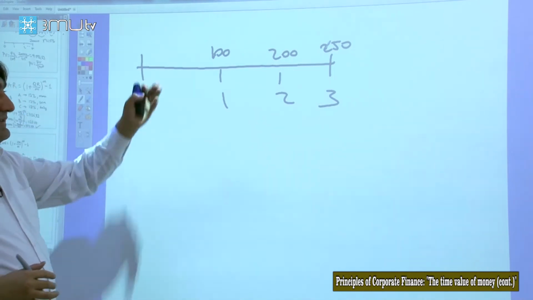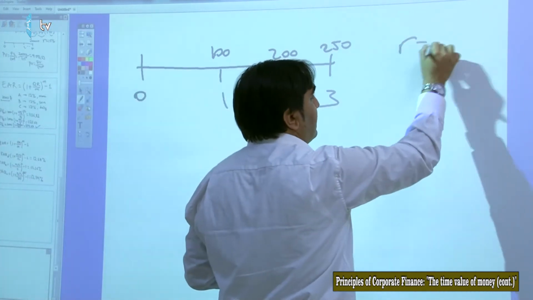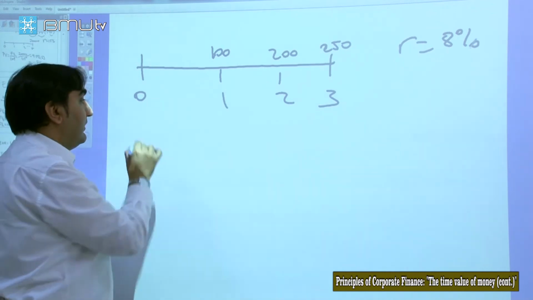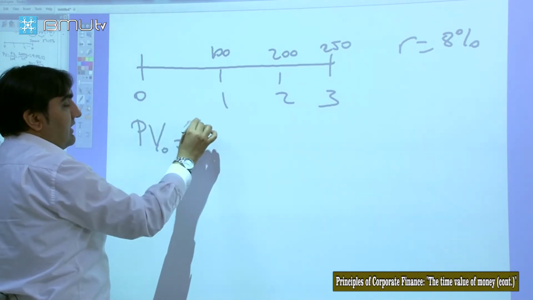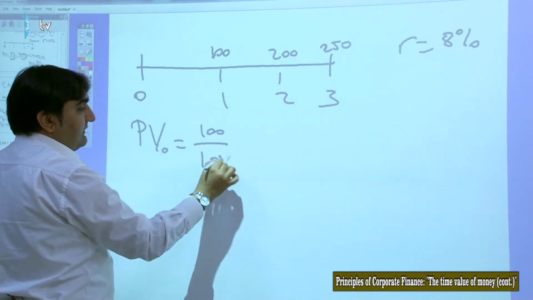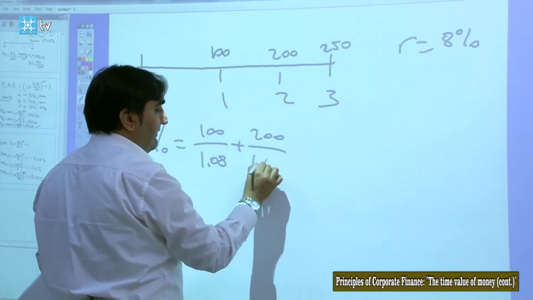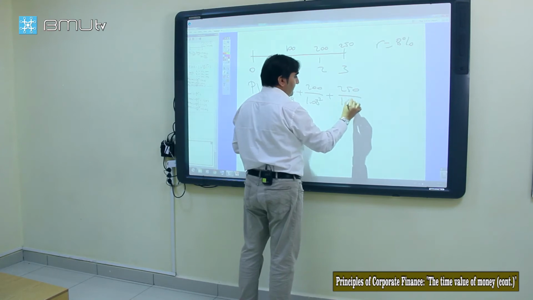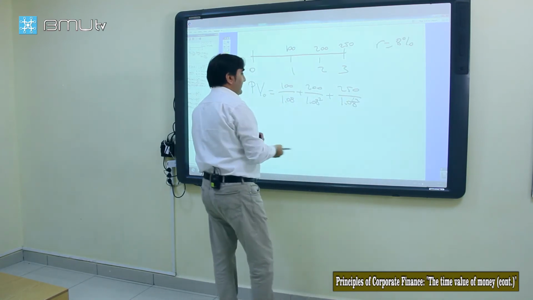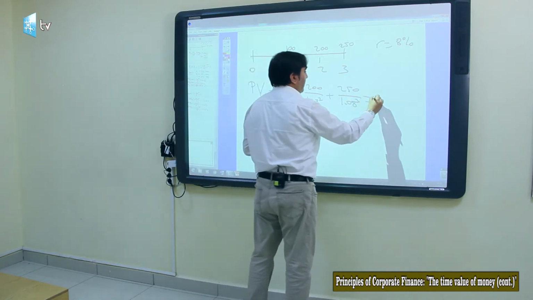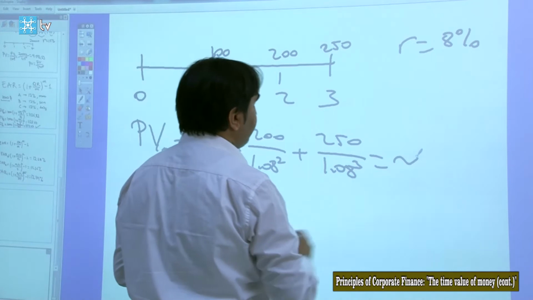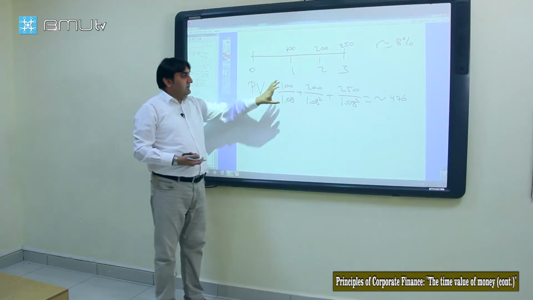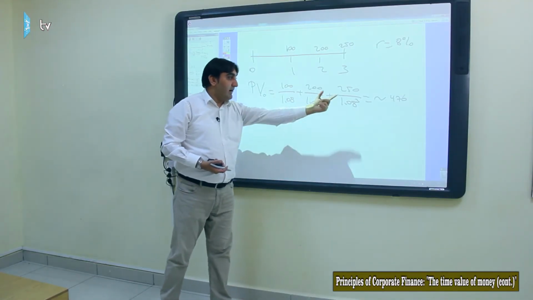If we are required to find the present value of these cash flows at, for example, an 8% rate, we find the present value of all these cash flows one by one and sum them up. The present value at 0 is 100 divided by 1.08 plus 200 divided by 1.08 squared plus 250 divided by 1.08 to the power of 3. Let's say it's about 470, for example.